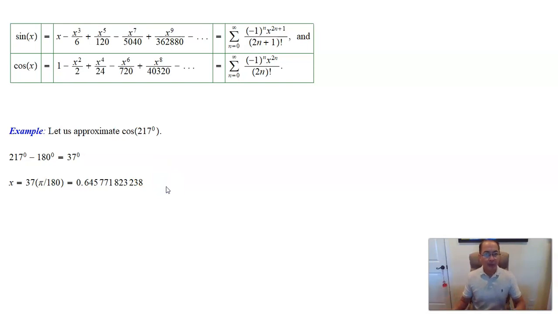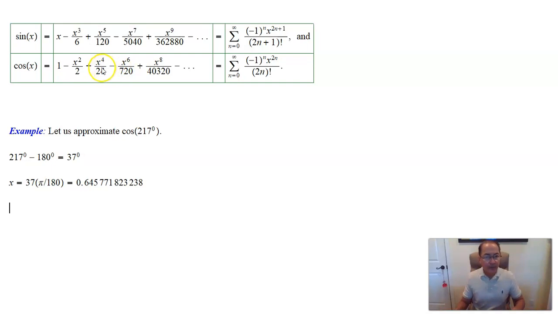So we're going to plug this into the cosine series, and it's alternating. We're plugging in a positive number. So the error formula for the maximum error for an alternating series says that the maximum error is the next term that you are not adding.